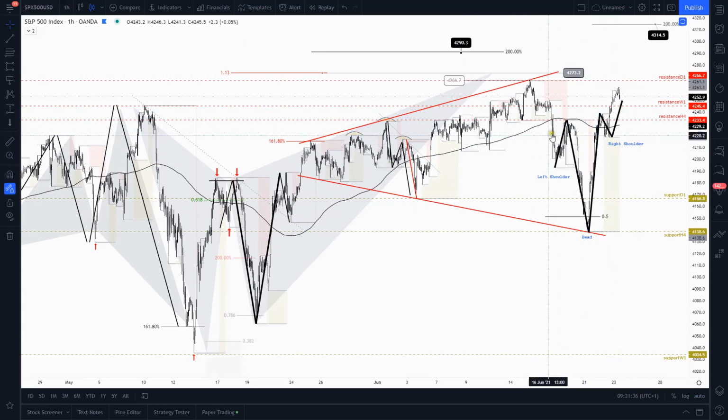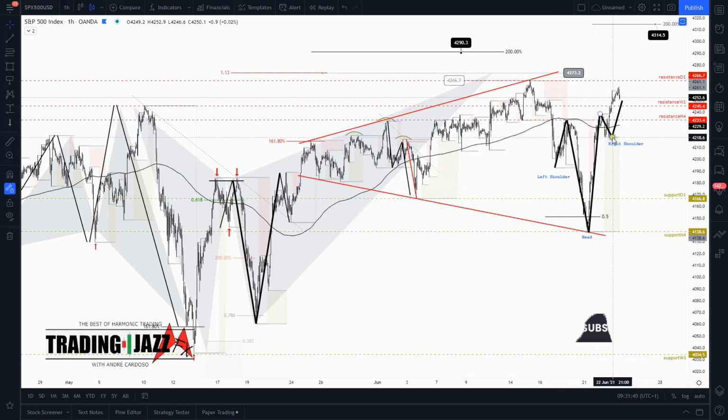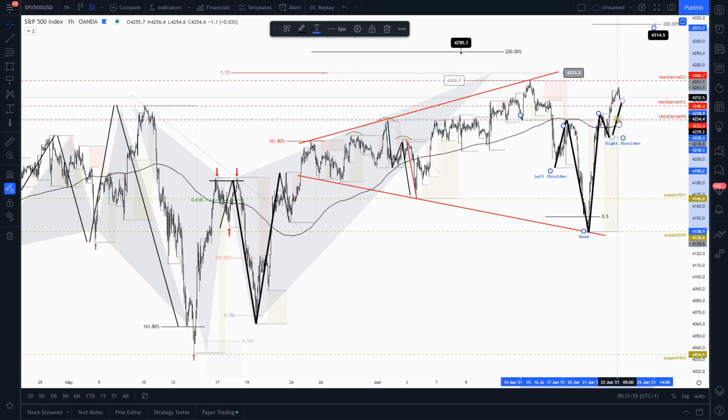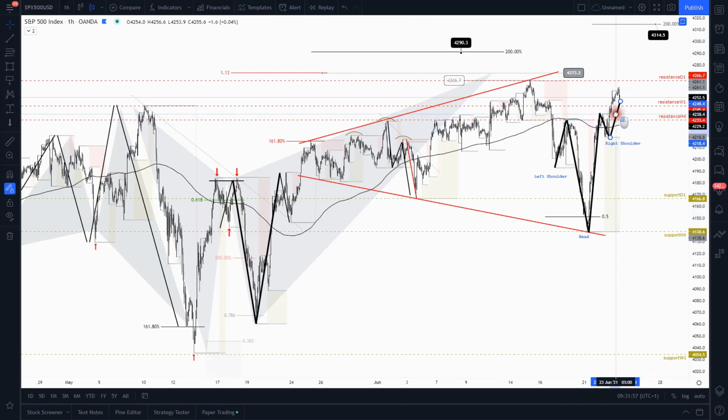So I was expecting the formation of one inverted head and shoulders for SPX 500. I think we can see this as an inverted head and shoulders because the market found some pressure at this previous structure resistance and started to pull back a little bit, and then it broke above the resistance, validating the inverted head and shoulders. So that pattern targets 43.14.